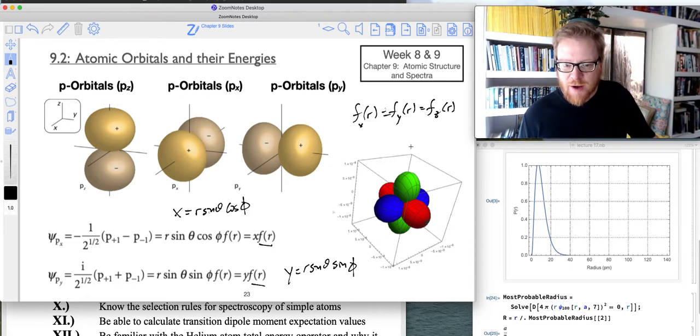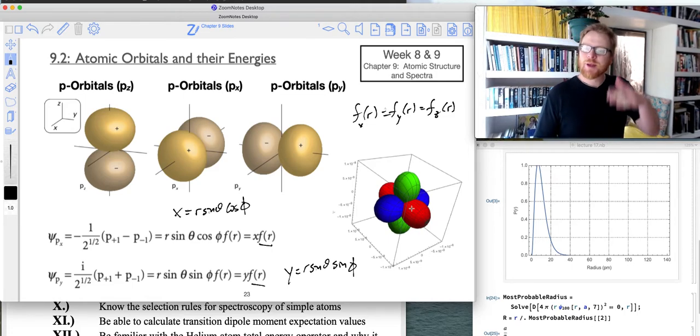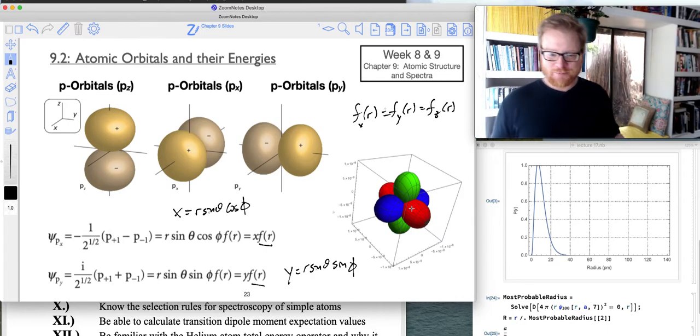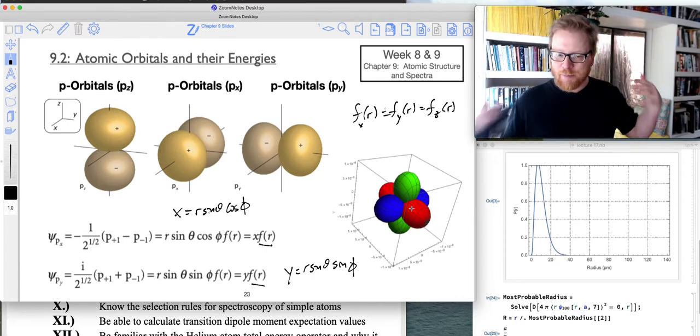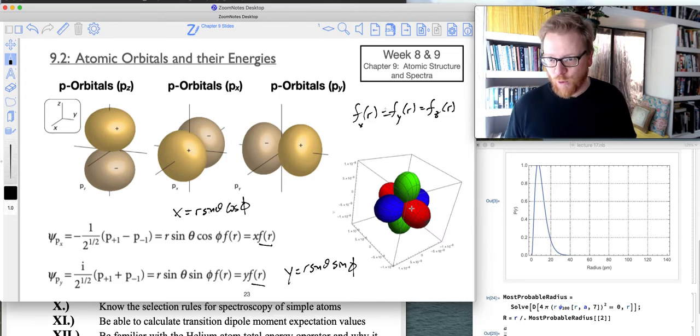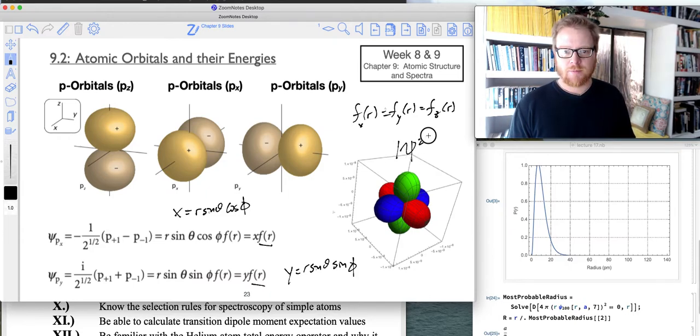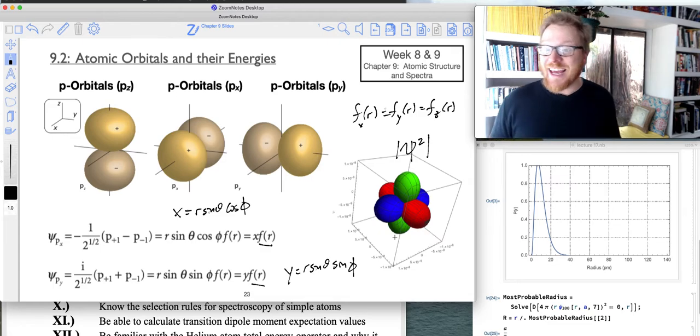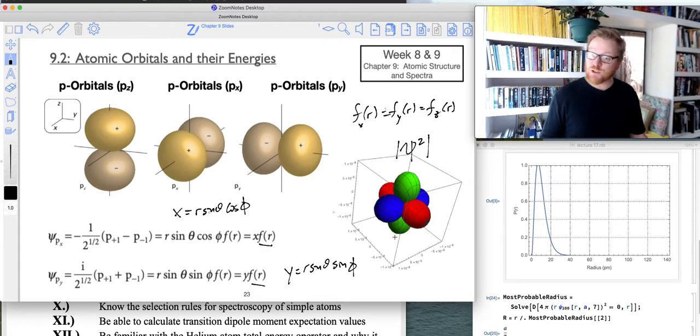Here are the results of the Mathematica simulation that you're going to do. And what's really cool is when you put all three of them together, we can see their x, y, z components, which is very cool. Also, even though these are the squares, these are values squared, because we have these imaginary numbers in these functions, we get negative regions, which is also kind of cool.